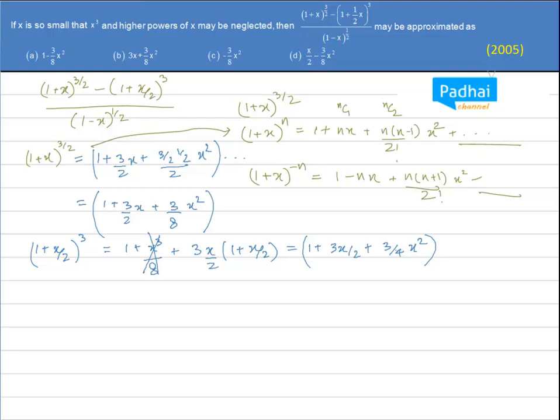And now what about this denominator part? I can take the power negative. This will become 1 minus x raised to power minus half. So I'll have to use this formula now. This will become 1 minus of nx, that is half x.